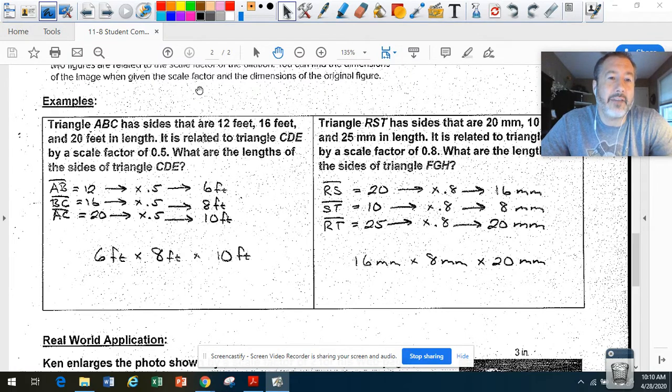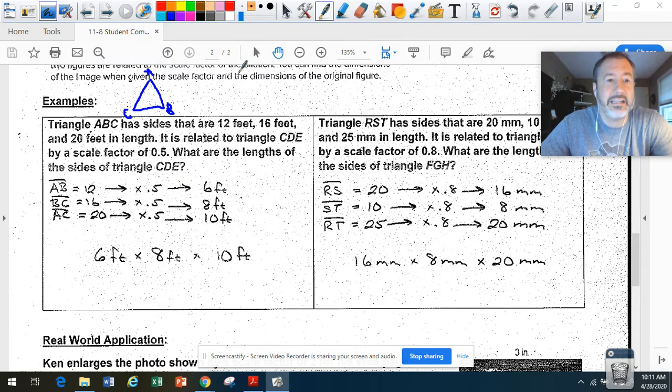Here, if you were to draw out your triangle, here is triangle, let's go A. We'll call this B. We'll call this C. Now, we are saying, hey, what if I had triangle CDE?